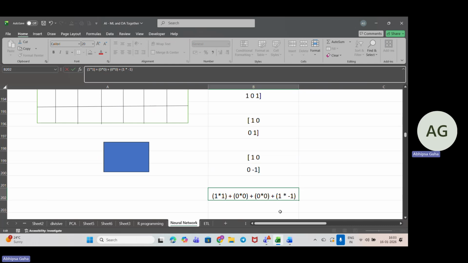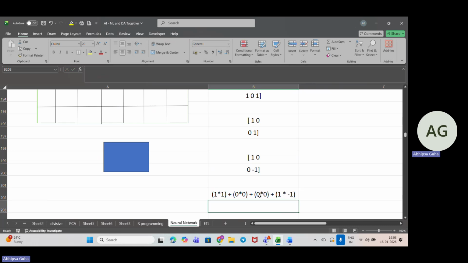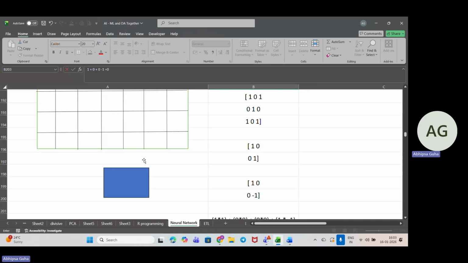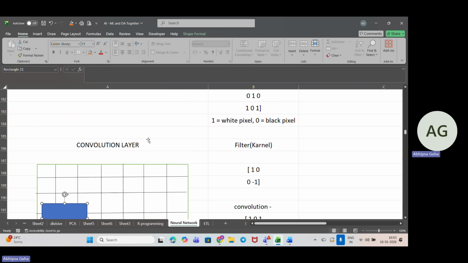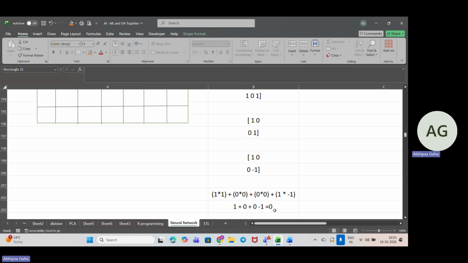Now we have to add it: 1 plus 0 plus 0 minus 1 gives me the value 0. So this output is coming as 0 when I take the filter from here.